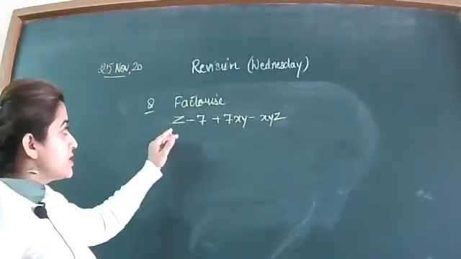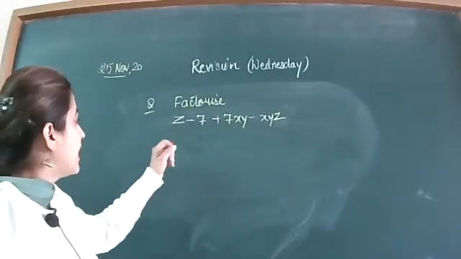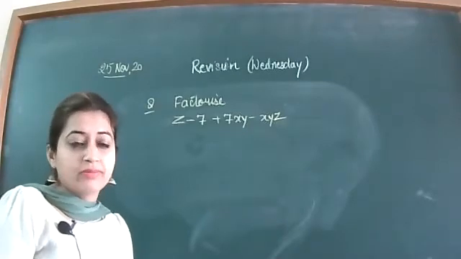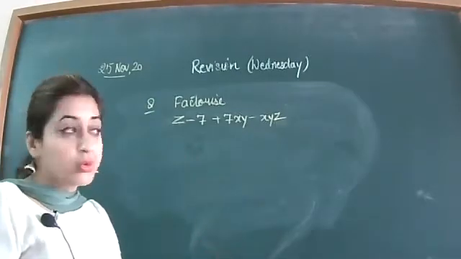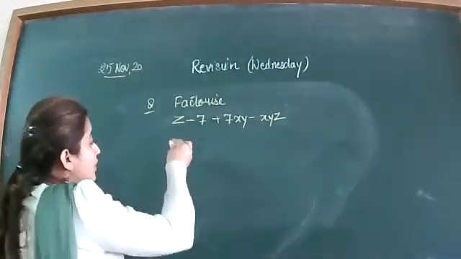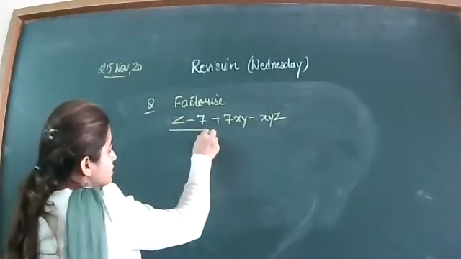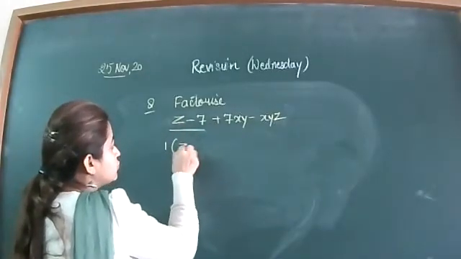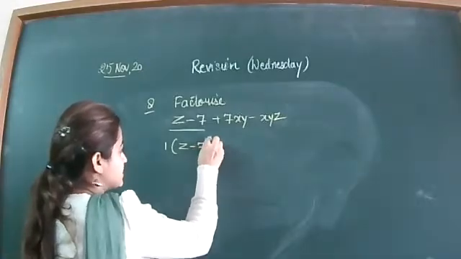Now the next question is again of factorize. As you can see that 4 terms are here. In case of 4 terms, you will make pairs of two terms, combine them and take common. In the first two terms, nothing is common, so 1 will be common from these two terms. So I have written z minus 7 as it is.